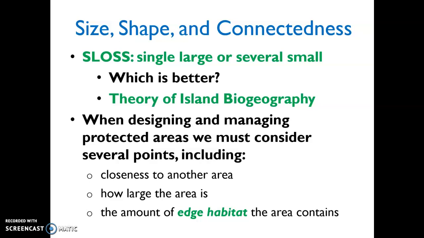If we have one large island, we would not have the edge habitat, but we would have a lot more room for organisms to move around, to have territory, to have enough habitat for mating with different populations and increasing the genetic pool, much more room for nesting opportunities, much more room for feeding opportunities. So that would give the plus to the larger island.